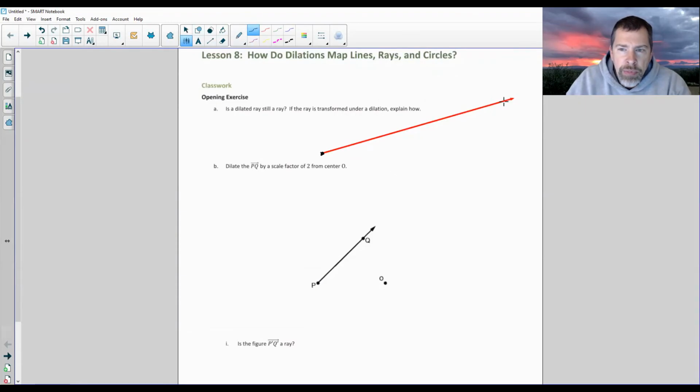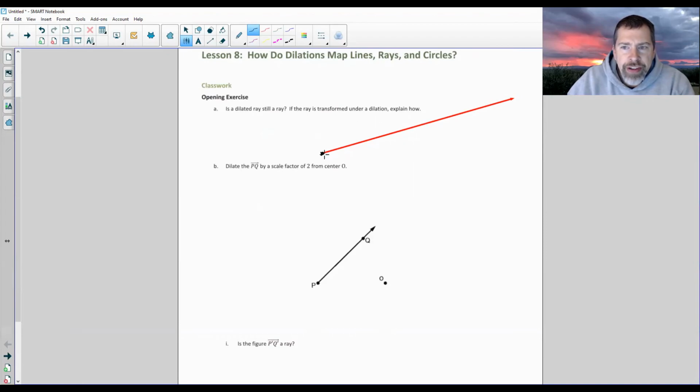So if you dilate something that goes to infinity, then r times infinity is still infinity, even if r is between 0 and 1 or greater than 1.